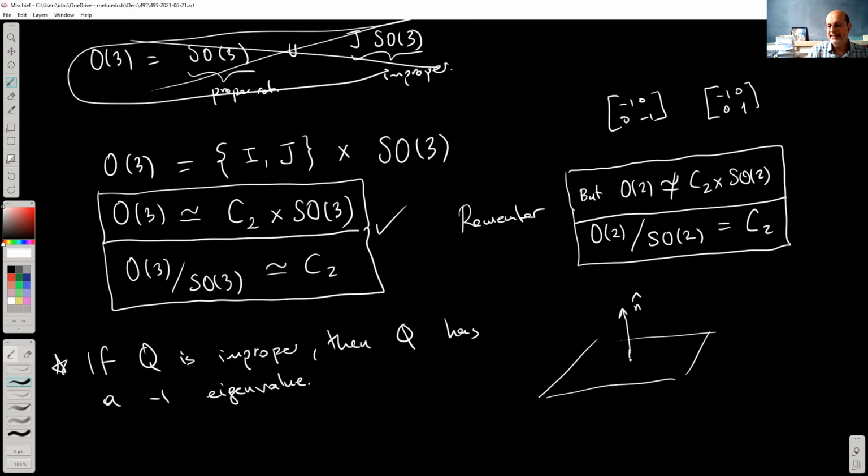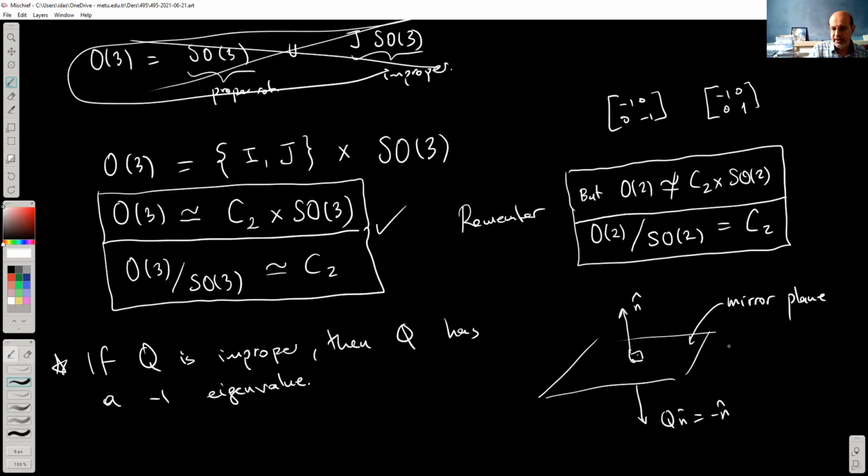So this axis is such that if Q is applied, this axis changes direction, which means that the plane perpendicular to the axis is what we call a mirror plane. It's called a mirror plane. So you're doing some kind of a mirroring in there.